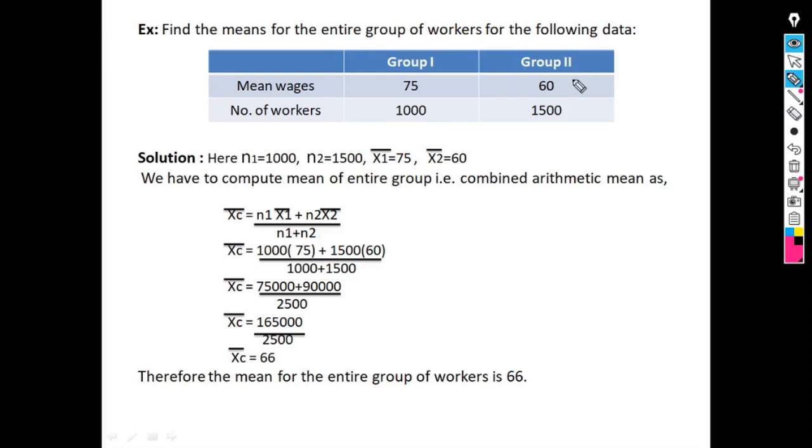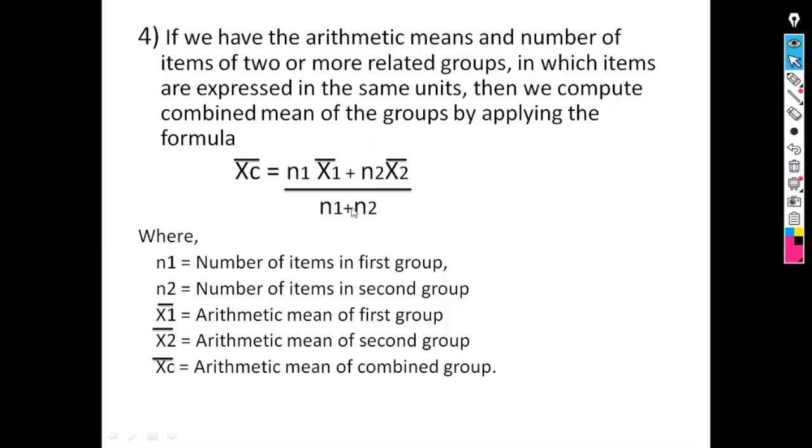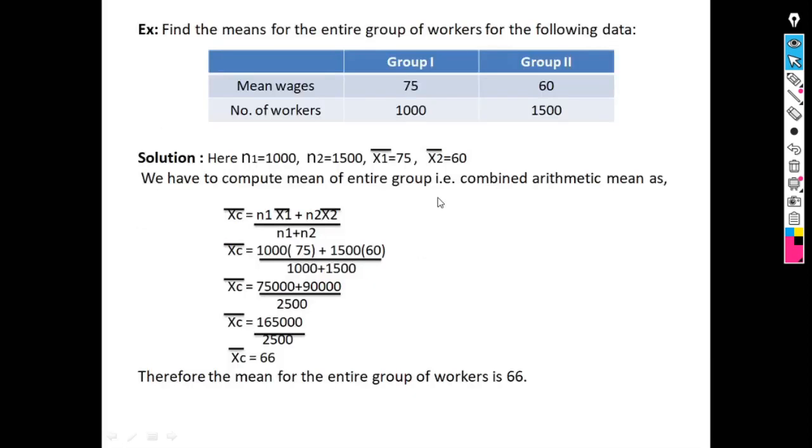Since two groups are given, we have to compute the mean, which means we have to apply the formula of combined arithmetic mean, that is xc bar is equal to n1 x1 bar plus n2 x2 bar divided by n1 plus n2. For this, first we will write given n1, n2, x1 bar and x2 bar.